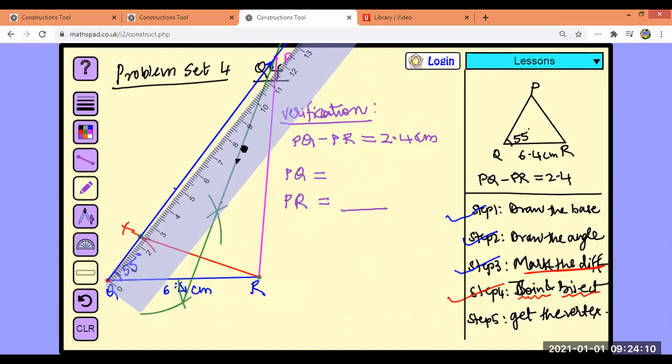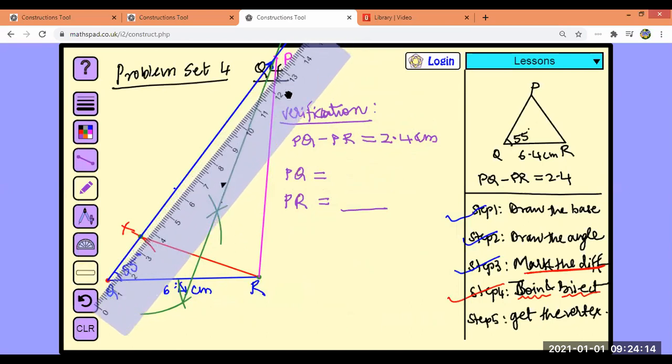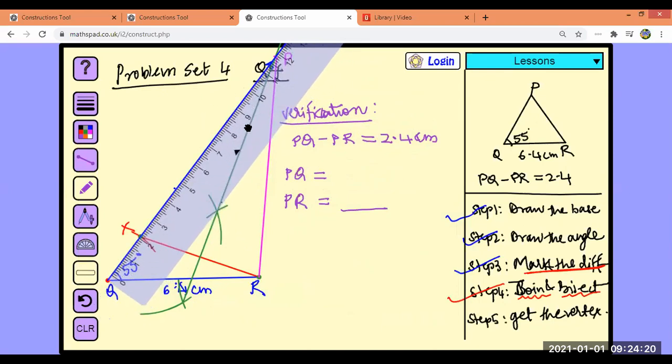Okay, so that's all right. Yes, and now we can measure. So the point Q is mapped with 0, and you can see point P measures somewhere around 12.